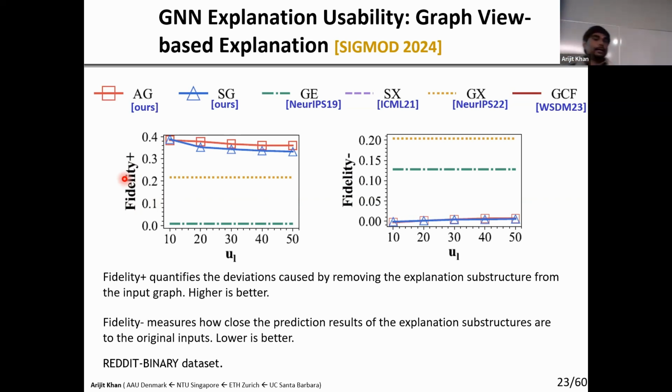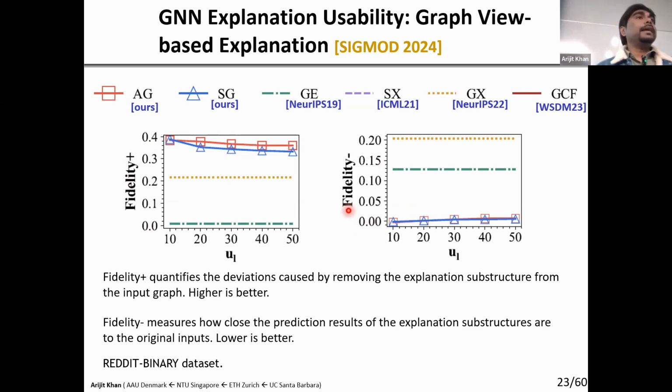That basically means that the explanation was indeed useful, right? Indeed very relevant. Because you change the explanation, now your decision changes. So that means high fidelity plus is a good thing, right? And that's exactly what we get compared to some of the other baselines. So both our method AG, which is on the static version, and SG, which is on the streaming version, they have high fidelity plus compared to some of the existing methods that we compare.